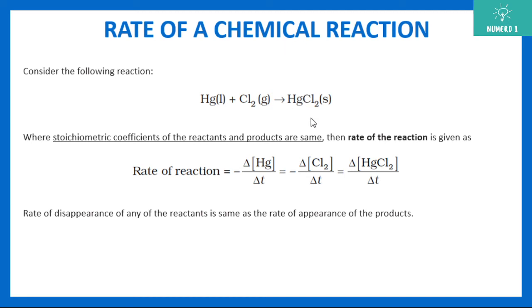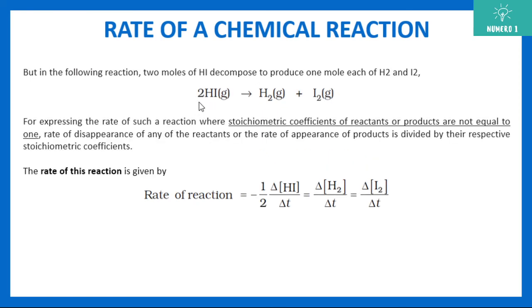Now let's consider a different reaction. Let's say that 2HI gives H2 plus I2. Let's say there are two molecules, and two molecules are giving one molecule of H2 and one molecule of I2 in 1 second.